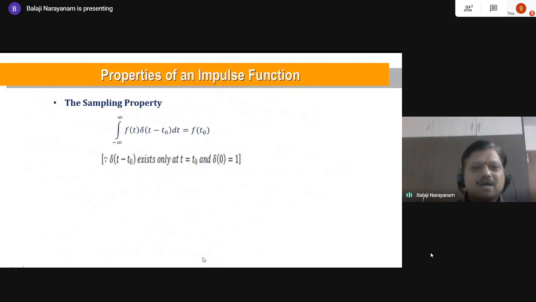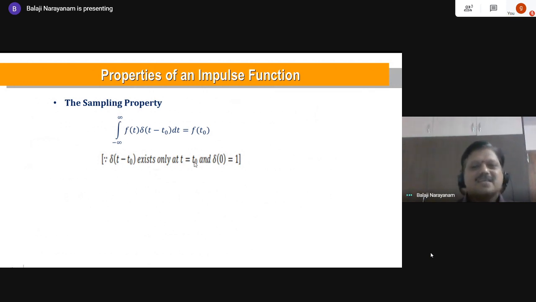Let us move on to another important property, which is called the sampling property. If f of t is a given function and delta of t is sampled by a factor of t naught, and again as usual applying the property, delta of t minus t naught exists only at particular time t is equal to t naught.